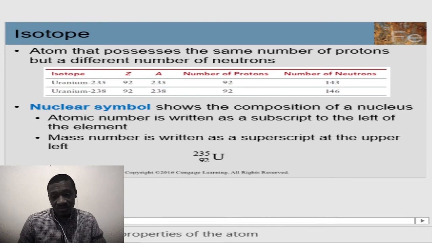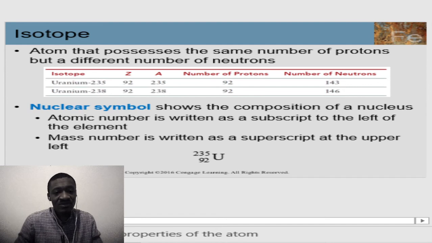So with atoms, when you have a situation where two of them look alike, you call them isotopes. So that's kind of like your atomic way to look at twins. When the human way to look at them is to call them twins, the atomic way to look at them is to call them isotopes.